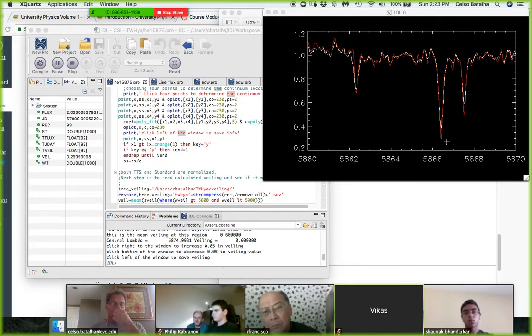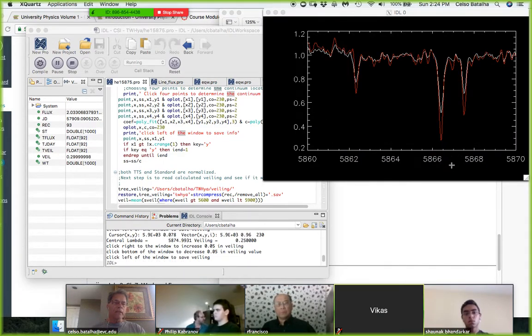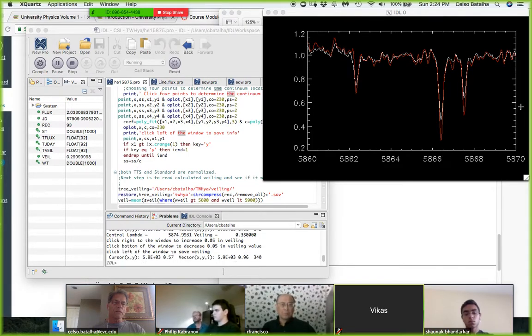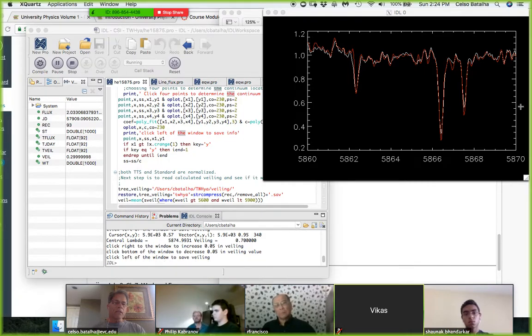So when we measure flux, this emission flux in helium, the code that I put up there allows you to make small changes. For instance, here I'm reducing the veiling manually to try to get a better determination. It seems that here it shows almost a perfect fit, at least for these three lines.